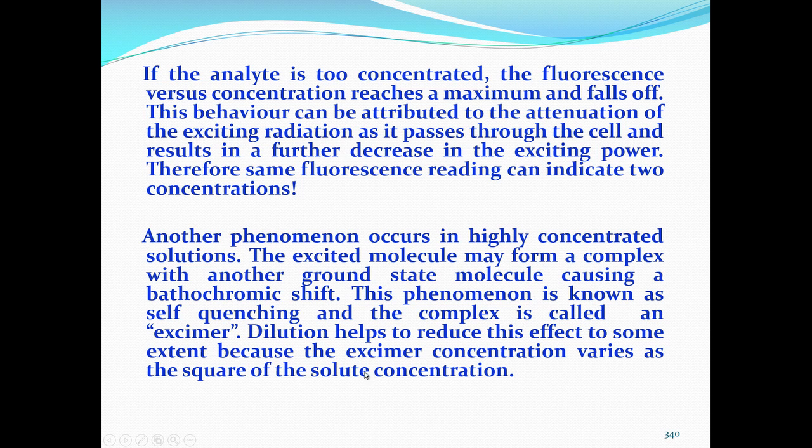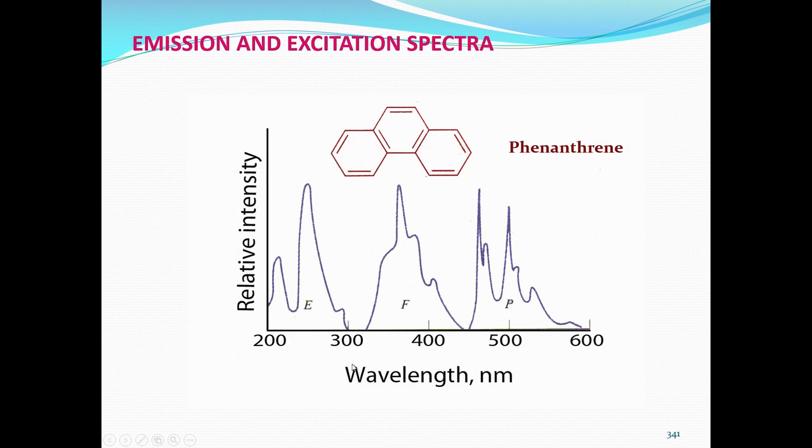of the solute concentration. So, here I am showing you the excitation and emission spectra of the phenanthrene compound. This is an aromatic compound with 3 fused aromatic rings, fused at ortho and para positions, and for the excitation spectrum I have plotted only relative intensity versus wavelength.